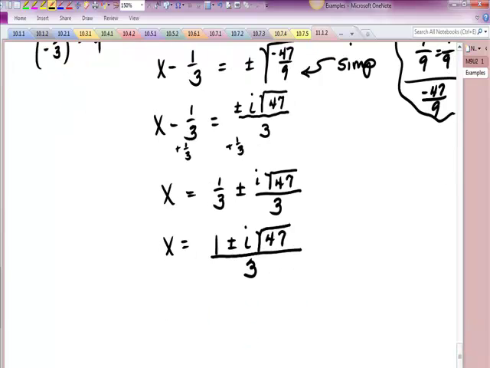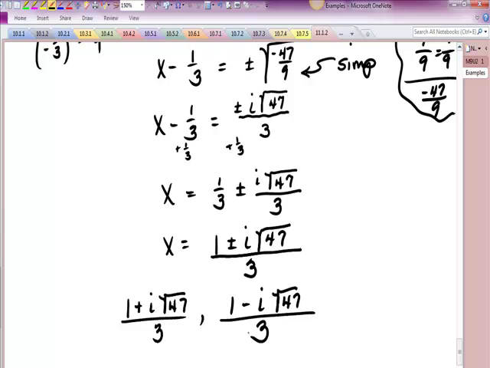And then, of course, you do have to separate it in MyMathLab. 1 plus i square root of 47 over 3, comma, 1 minus i square root of 47 over 3.